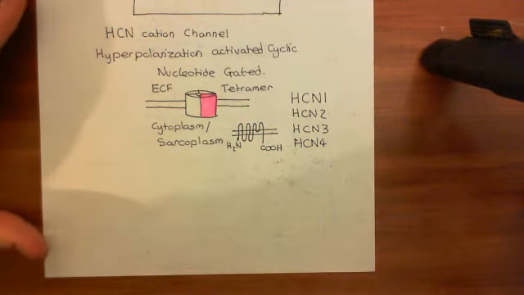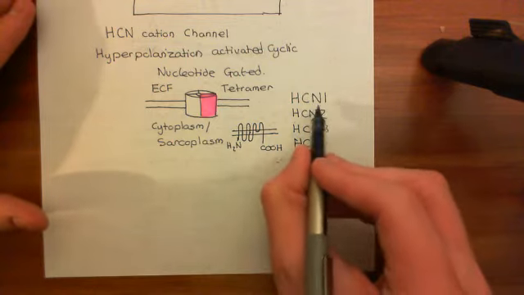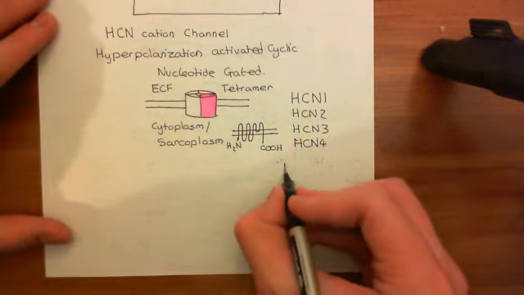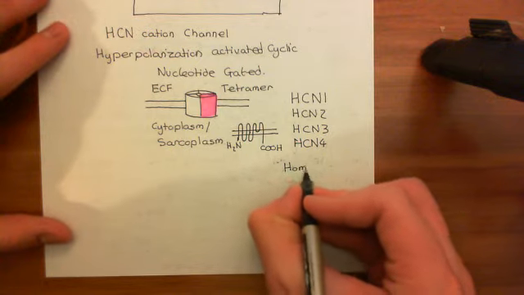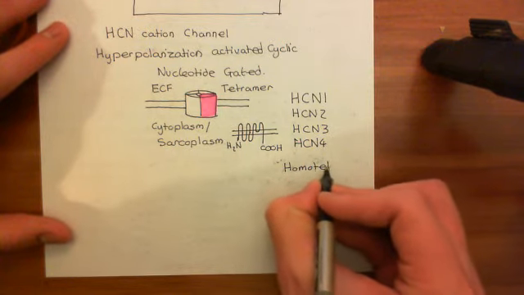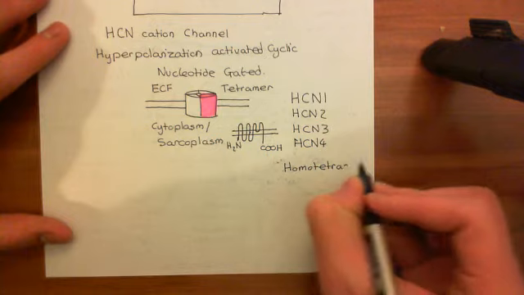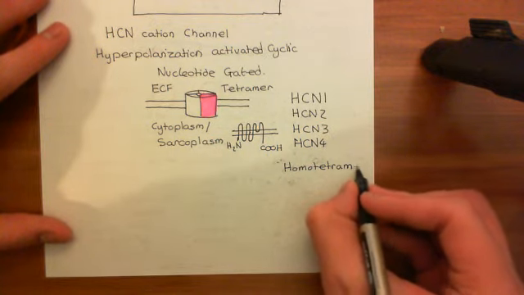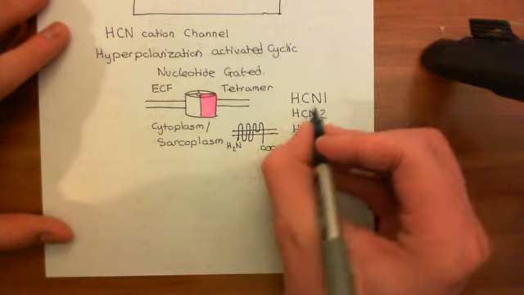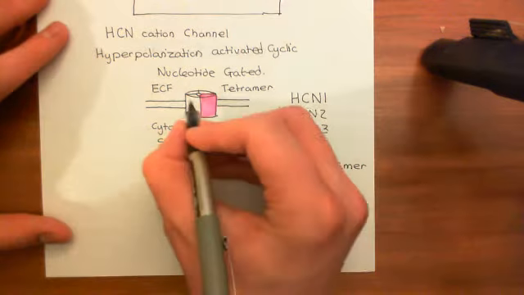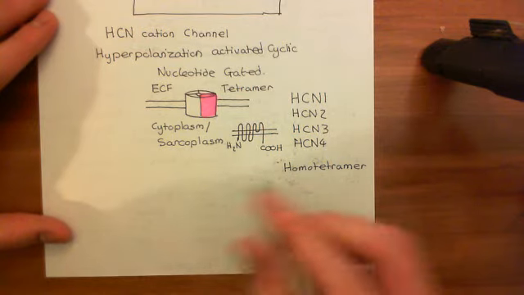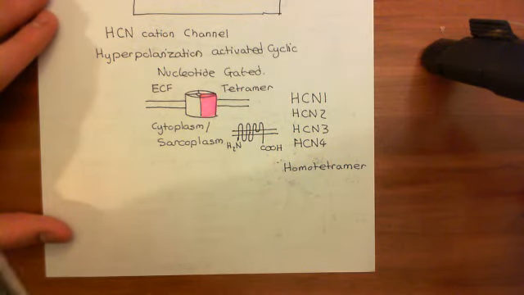The next question we have to ask is, how do these assemble together to make tetramers? Well, what we know is that they do assemble to make homotetramers. All 4 of them assemble in homotetramers. So, for instance, if you wanted to make a homotetramer of HCN1, you'd make 4 HCN1 proteins, stick them all together, and then you'd have an HCN1 channel, or an HCN1 homotetramer.